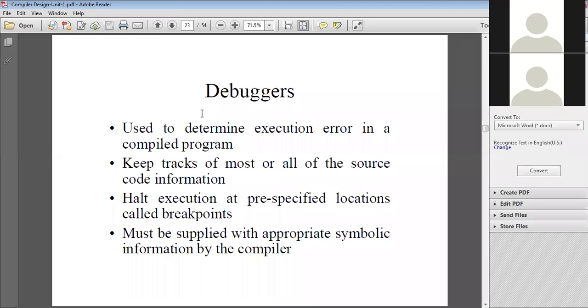It also keeps track of most or all of the source code information. It also has halt execution. Suppose we want to stop our program; there is a facility in the debuggers to halt execution at pre-specified locations called breakpoints, which must be supplied with the appropriate symbolic information by the compiler.